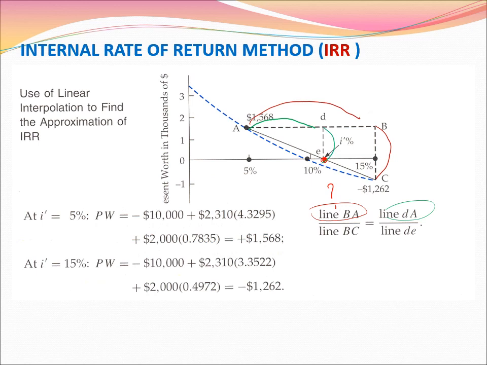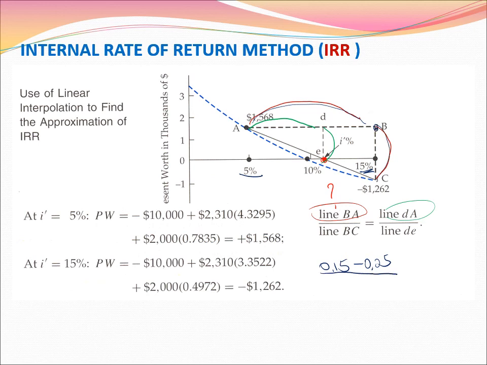Okay? And then from here we just plug in the values. What is the length of BA? It is 0.15 here minus 0.05 here. So this is line BA divided by line BC, this one.